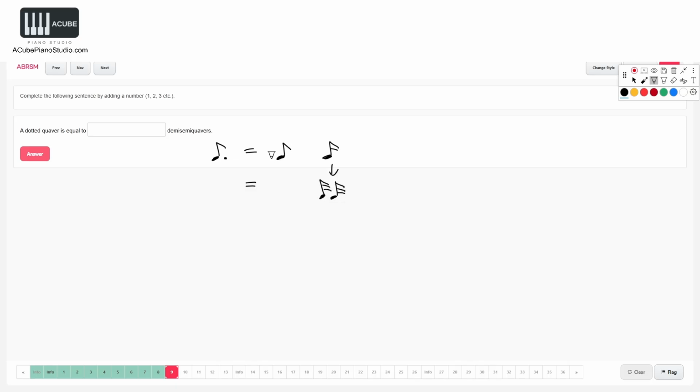So a quaver will be equal to 4 demi-semi-quavers, because one quaver is equal to 2 semi-quavers, and each semi-quaver is equal to 2 demi-semi-quavers, so 2 semi-quavers will be 4 demi-semi-quavers, right? So this is 4. Okay, so 4 plus 2 will give 6. So the answer here is 6.